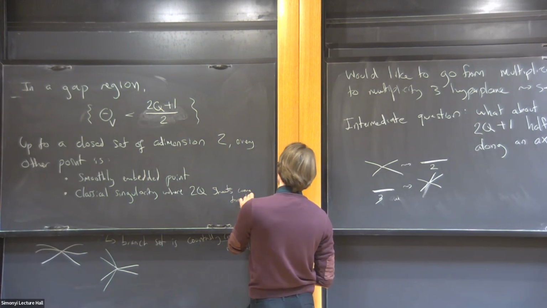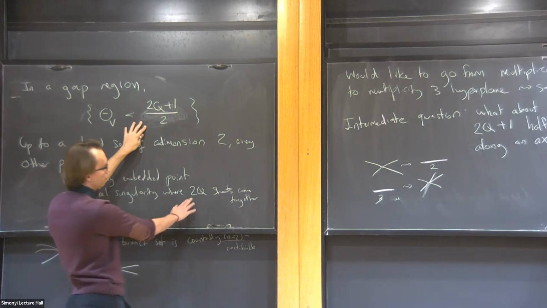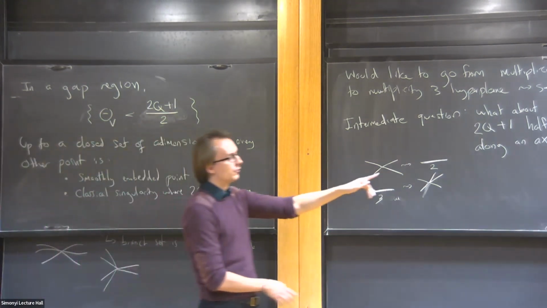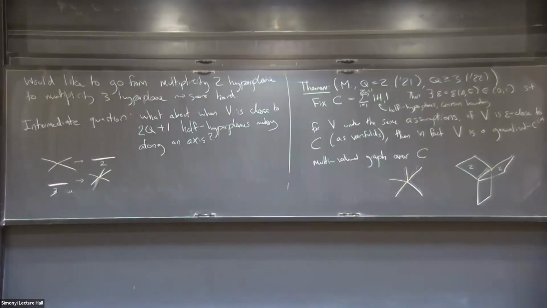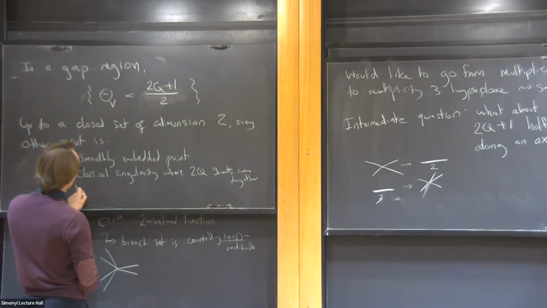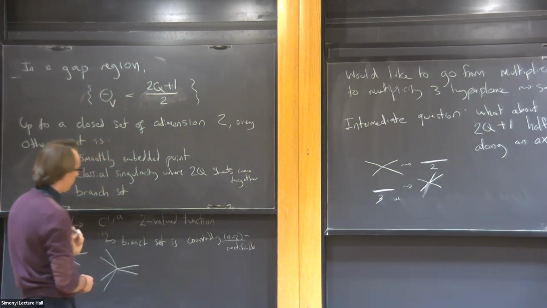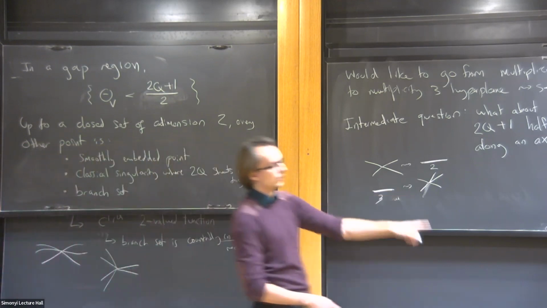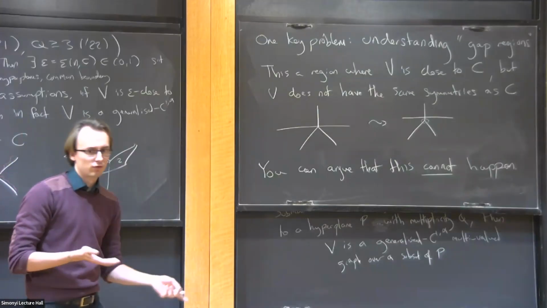Why is this? Well, this assumption means you can't have more than 2Q coming together. And our initial assumption is that we don't have less than 2Q. So if you have any, it's exactly 2Q. Or you can have this branch set where locally this other regularity result holds, where it's a C^{1,alpha} multi-valued function.